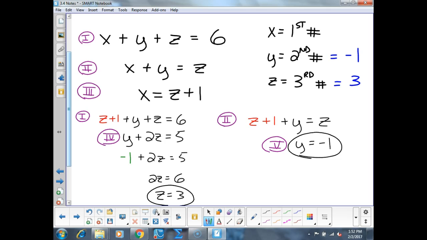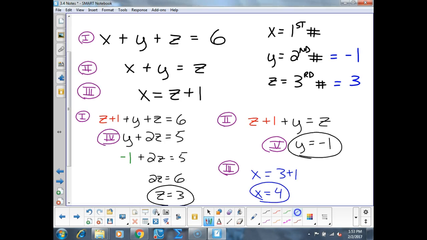So if I'm looking for x, I'm going to go into 3, because 3 is just x and z. So if z here is 3, x then is going to equal 3 plus 1.